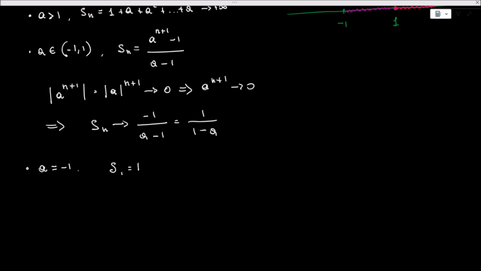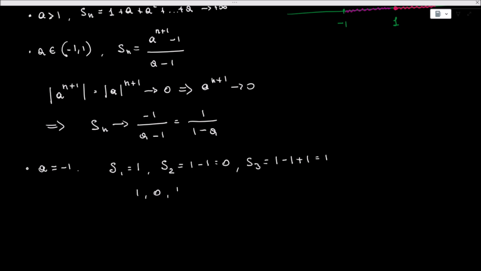S2 is equal to minus 1 to the 0, which is 1, plus a, which is minus 1, so this is 0. Let's consider S3. S3 is 1 minus 1 plus 1, because once again we have minus 1 raised to the square, which is 1, and we have 1. So clearly we have a sequence 1, 0, 1, 0, 1, and this has no limit.